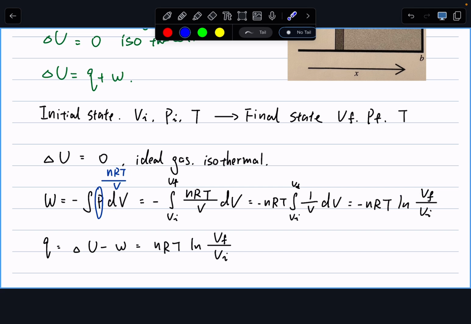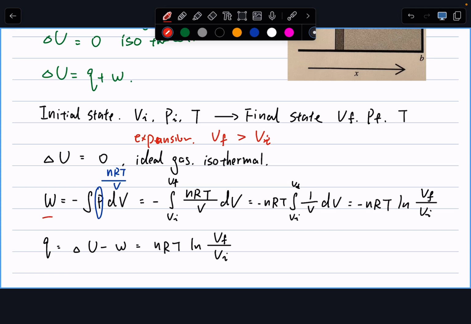In this question, the process is an isothermal expansion of gas. So when we read expansion, what we're saying is my V final is larger than V initial. Your final volume is larger than your initial volume.